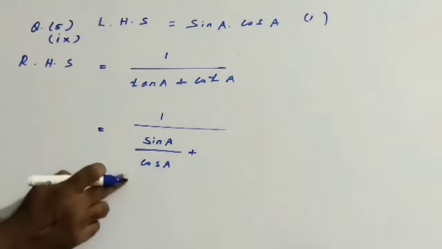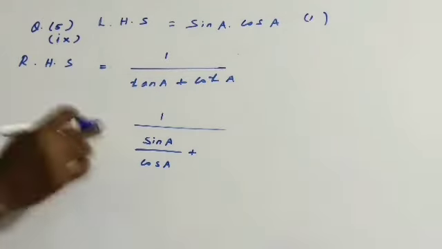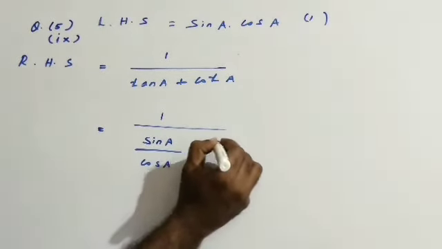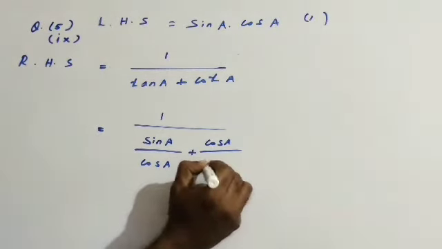So sin A by cos A is tan. Reciprocating this, we get cos A by sin A. That is the value of cot A. So write cos A by sin A.